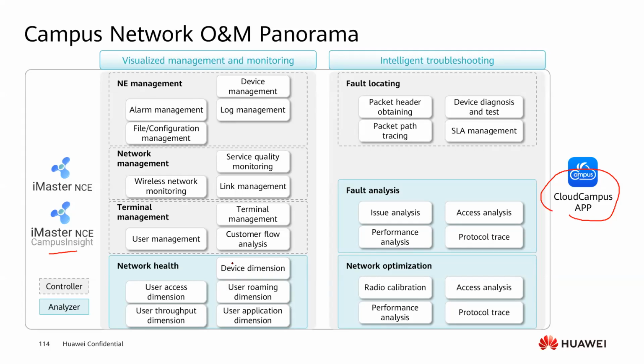So you can see on this page, the Cloud Campus can support the traditional operation and management functions. It also brings some new functions, the intelligent operation and maintenance method, and we will introduce it the day after tomorrow.